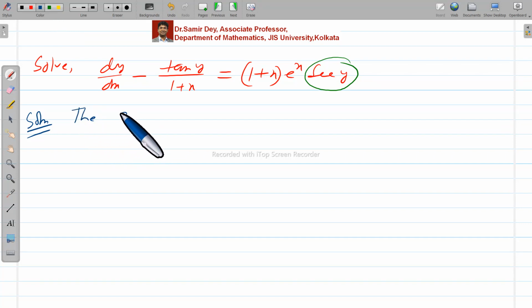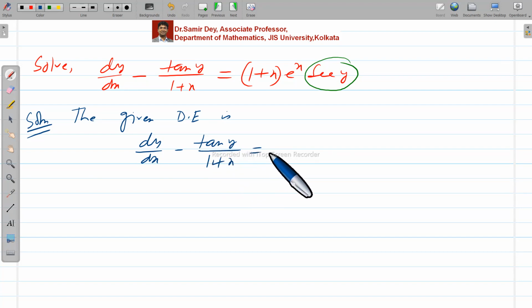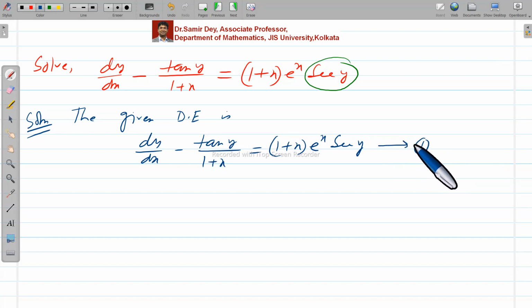Please write down the given differential equation: dy dx minus tan y of 1 plus x is equals to, please write down 1 plus x e to the power x into sec y. This is number 1. So this is your extra term you have on the right side.